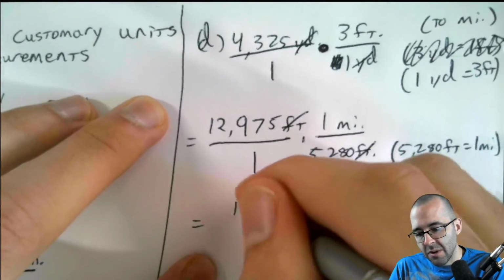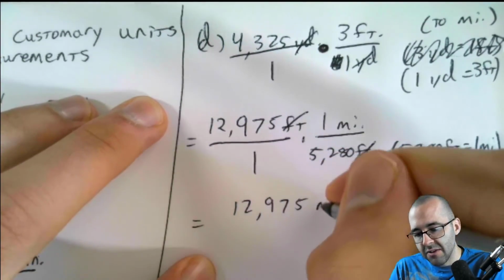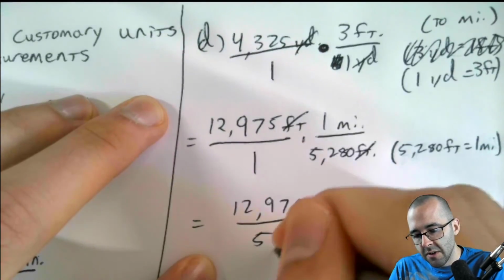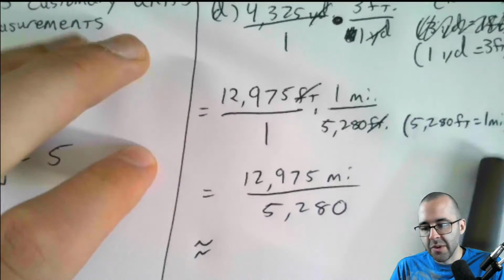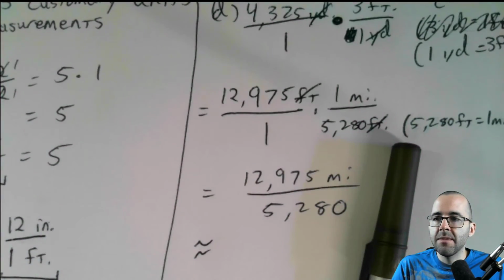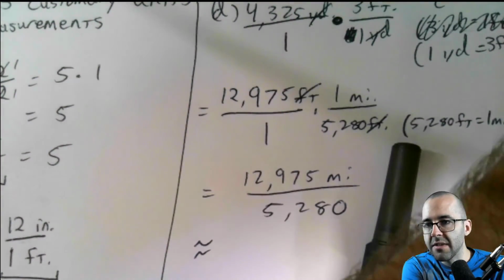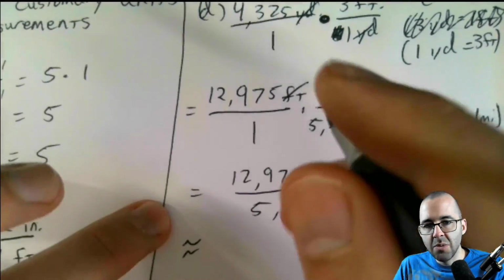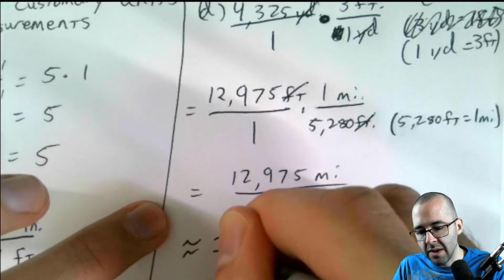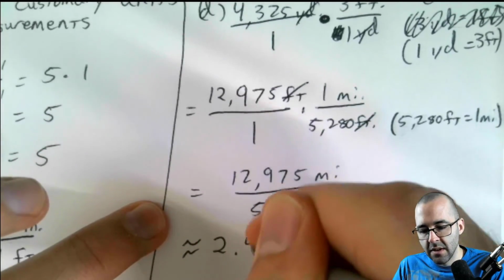And we're left with 12,975 miles over 5,280. We use a calculator, and I'm just going to approximate to two decimal places again. We're going to get 12,975 divided by 5,280, and we're going to get about 2.46, rounded to the nearest hundredth.